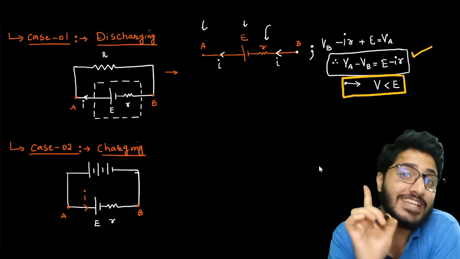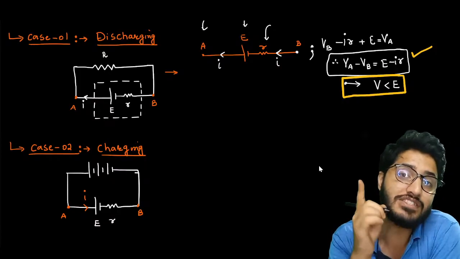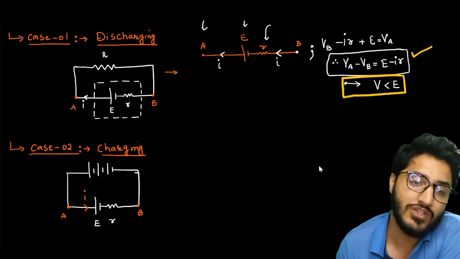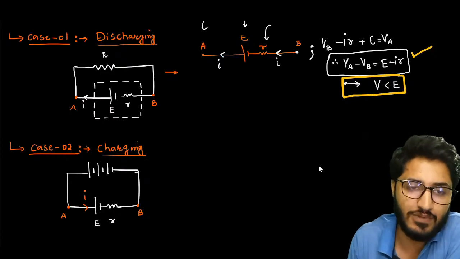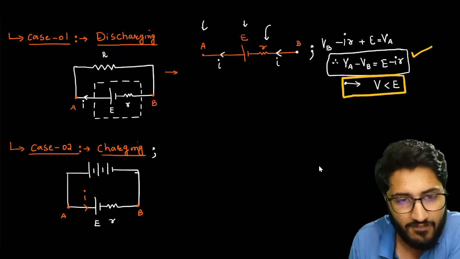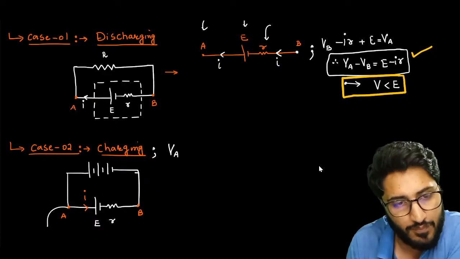If current is leaving the cell, that is the discharging case. If current is going in through the positive terminal, that is the charging case. So this one is the charging case. Now you write the equation. Look, the potential of this point is VA.